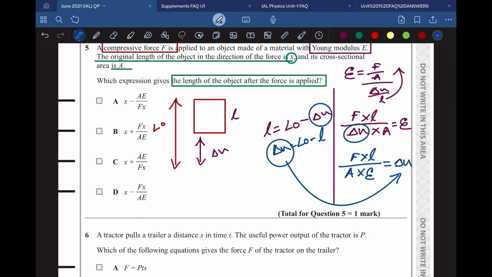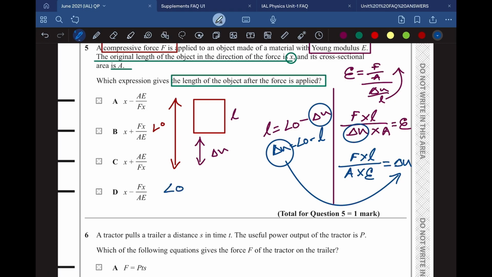So the equation becomes L naught minus L is equals to F into L divided by area into Young modulus. And we all know that this length is actually the length of the object after the force is applied, right? This is the length of the object after the force is applied.